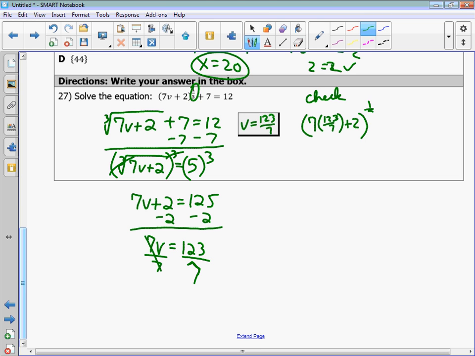You should be seeing that it's kind of undoing the steps you just did. So it's 125 to the 1/3 power, which is the same thing as cube rooting it. So the cube root of 125 is 5. 5 plus 7 does equal 12, which equals 12, and that's good. So that is the correct answer.